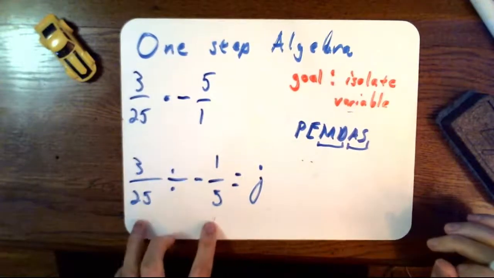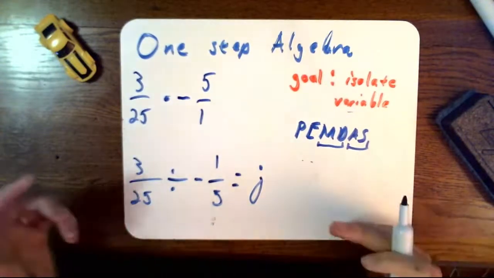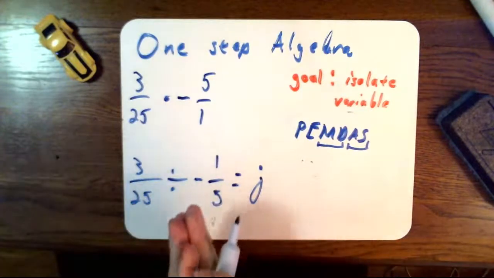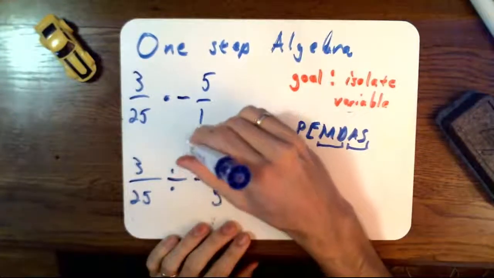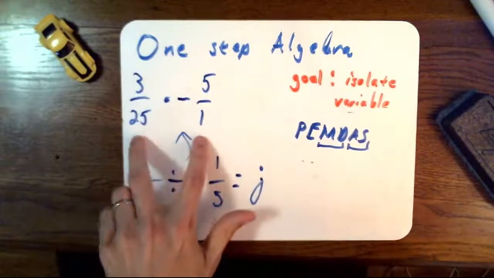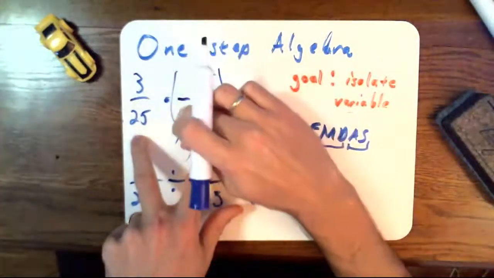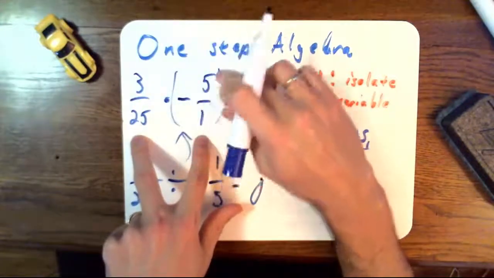Because seeing division of fractions, it's not exactly clear how you're supposed to go about combining the two. So changing this to an intermediate step like that, I think is the most helpful. I'm going to group that just to show that this negative is on this fraction.